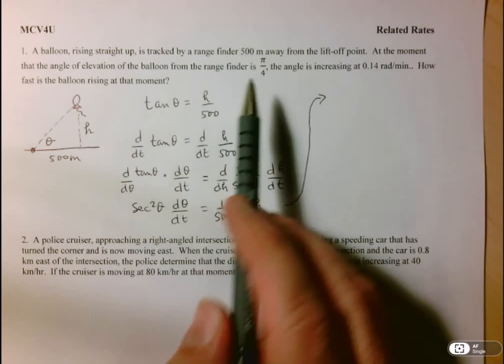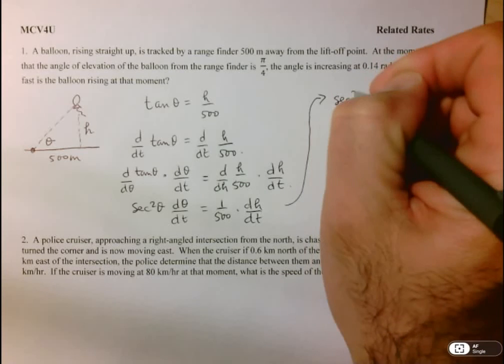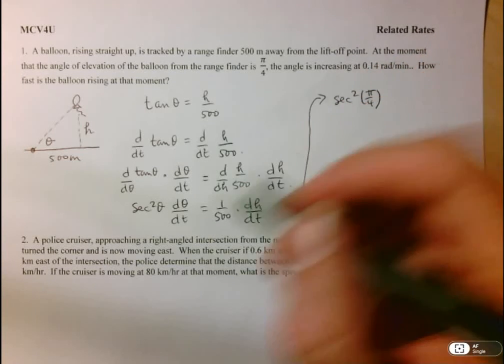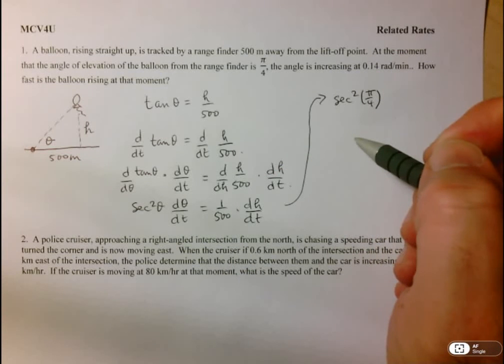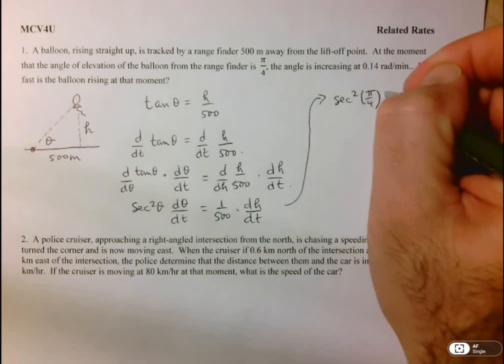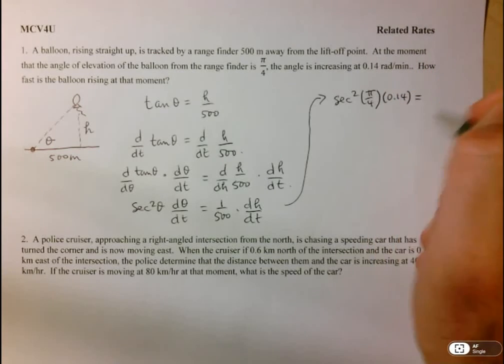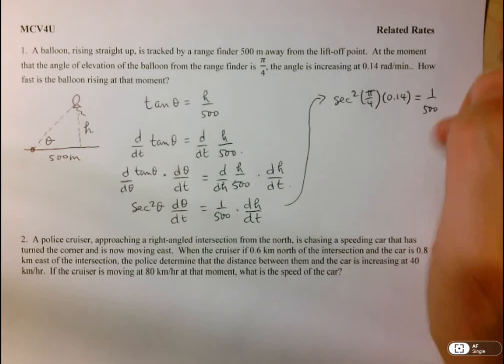So here they give me the specific angle they're interested in, so this will be secant squared of pi over 4. d theta dt is a given quantity. We know how the angle is changing with respect to time, so times 0.4. And then here 1 over 500, and dh dt is what we're looking for. So that remains our unknown.